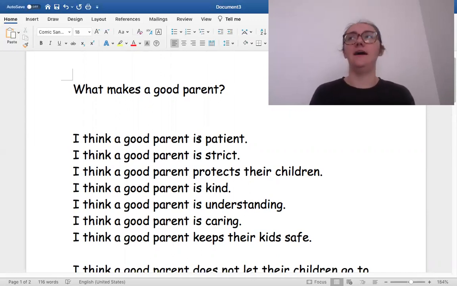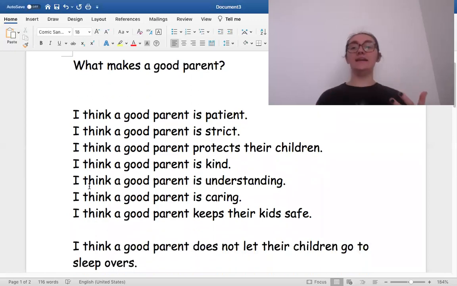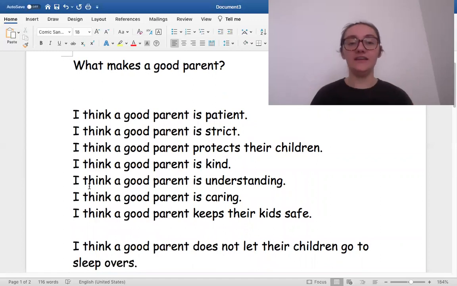What makes somebody a good sister or brother? So you can ask anything. And the way to answer these questions, to tell someone about your opinion, you say, I think, right? I think this. So I think, and you usually put in a part of what the question is, right? So it says, what makes a good parent?